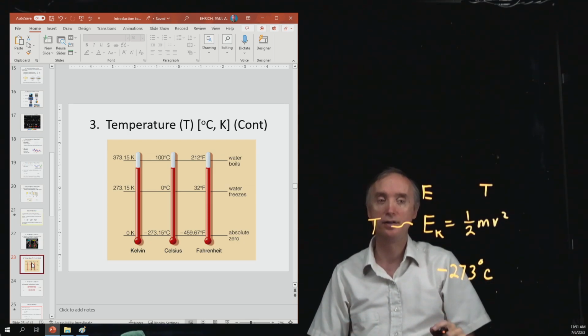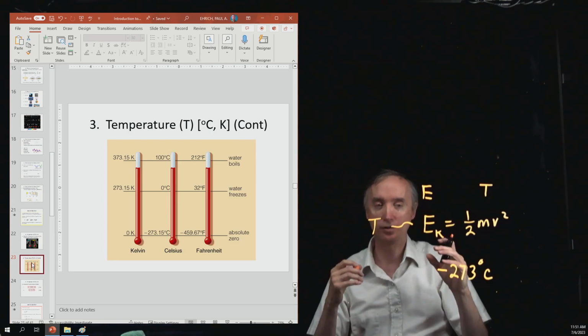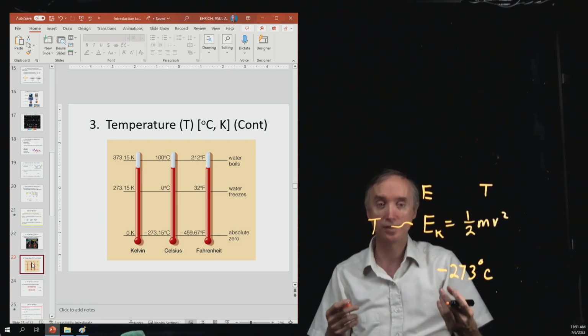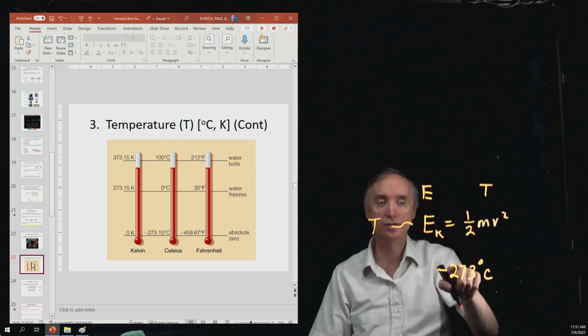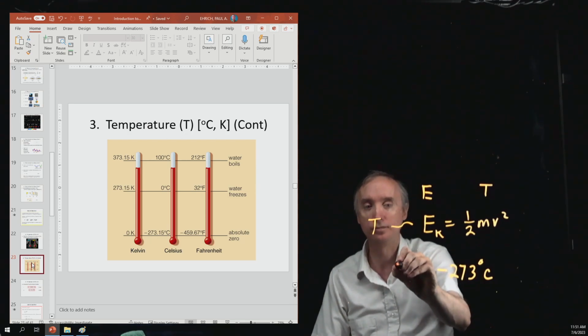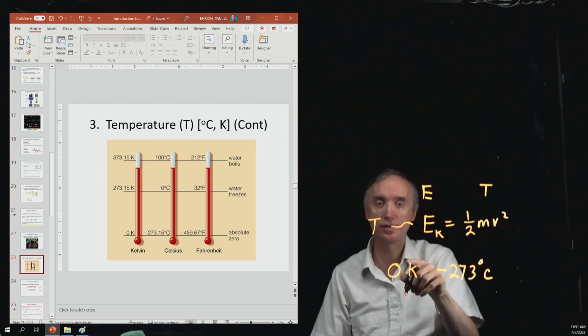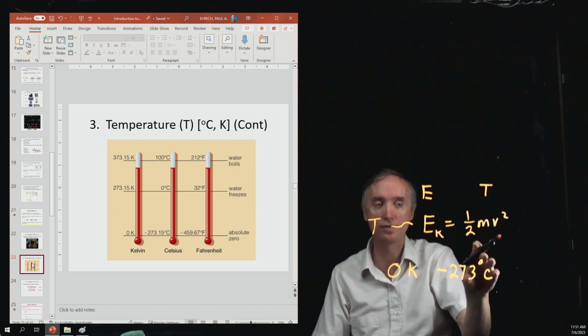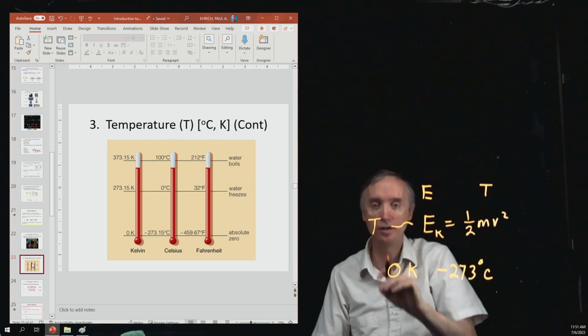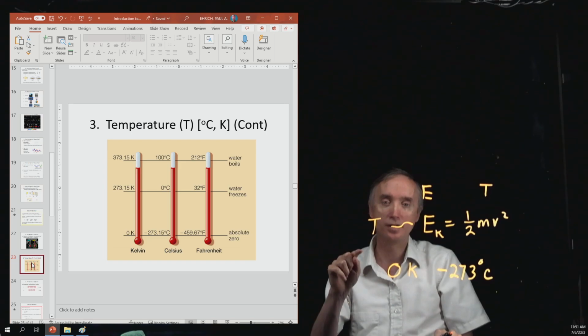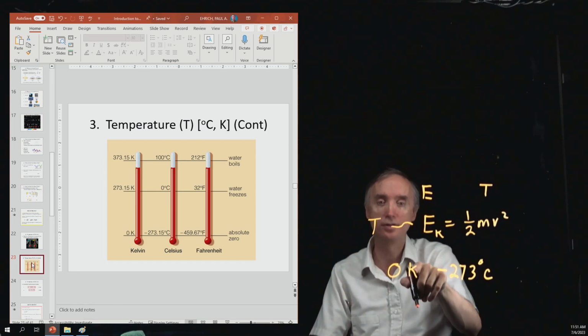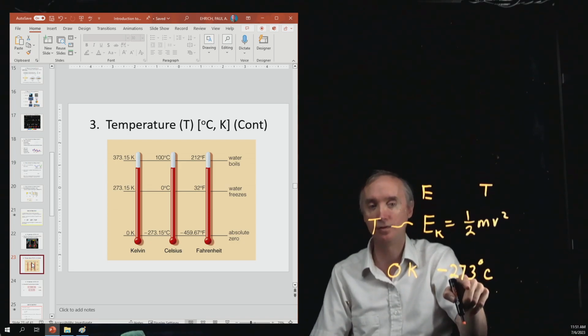So they said, let's make up a new temperature scale, and let's call this 0. They're going to call this 0 Kelvin. Notice that they did keep parts of the Celsius scale incorporated into the Kelvin scale, because they called the freezing point of water positive 273.